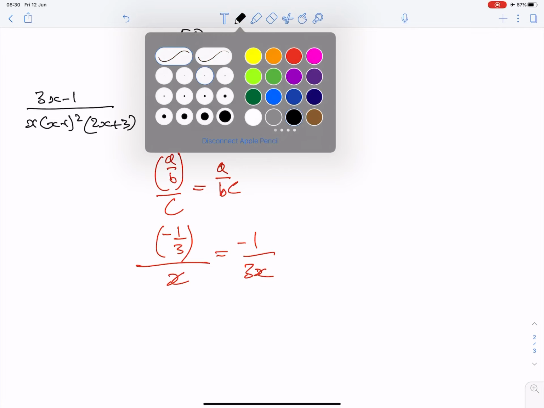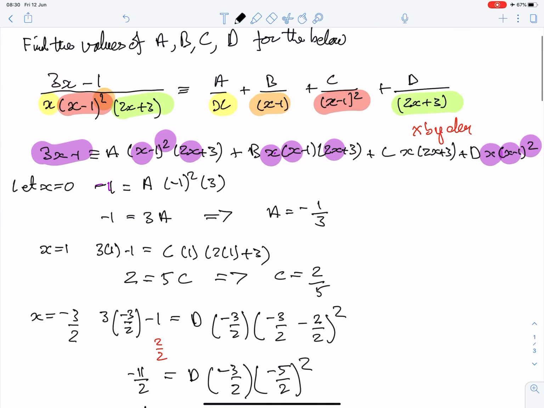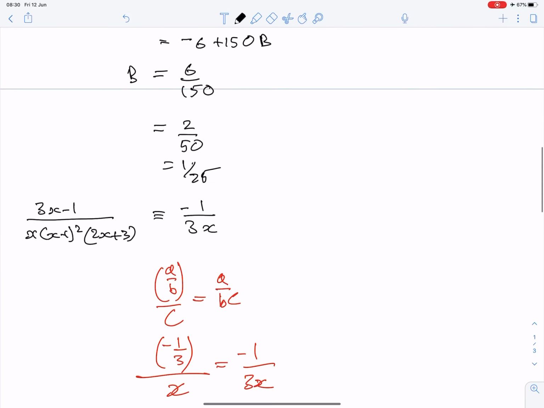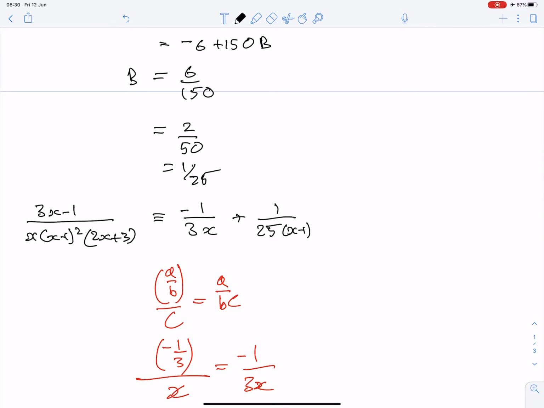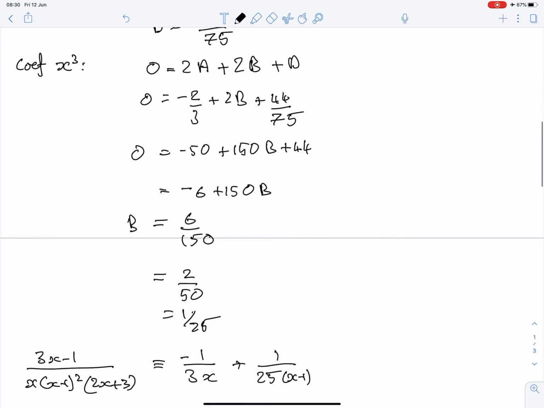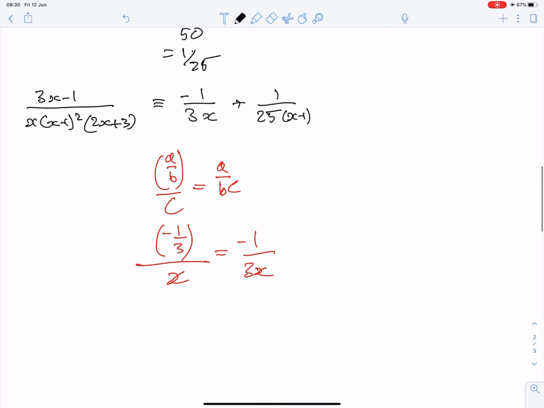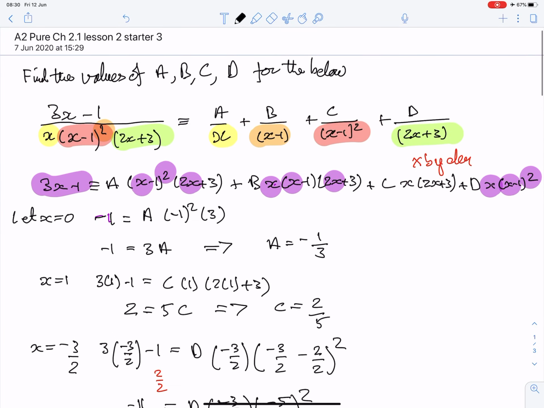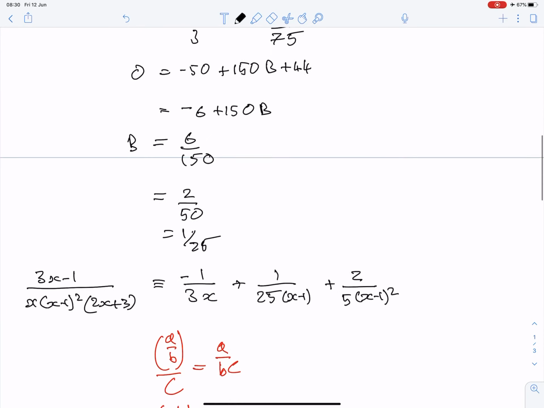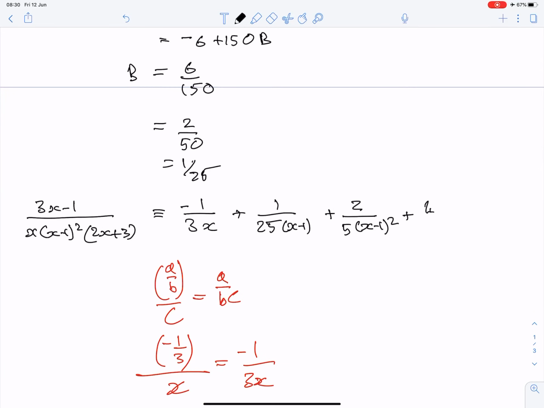I'm not going to go through that on each fraction. So plus B, which is plus 1 over 25 lots of (x minus 1), plus C, which is 2/5 of (x minus 1) squared, plus D, which is 44 over 75 lots of (2x plus 3). And hopefully you got that right.